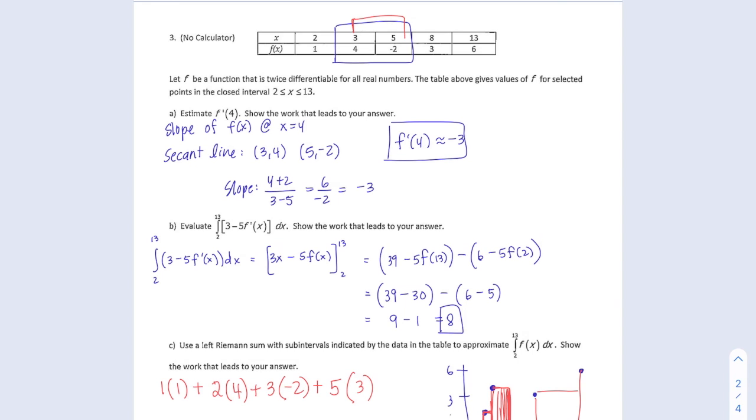It feels strange when you draw that picture. Maybe it's easier for you to do it without the picture. 1 plus 8 minus 6 plus 15. That's giving us 18 as our approximation from 2 to 13 of f of x dx. Not the neatest there.